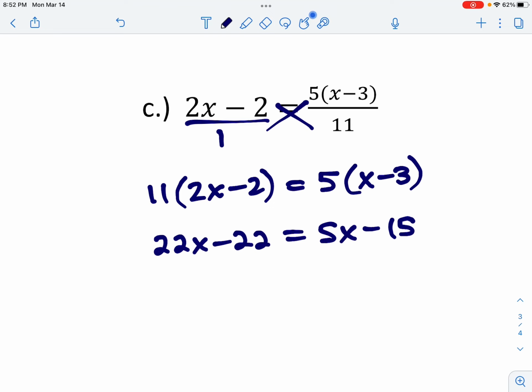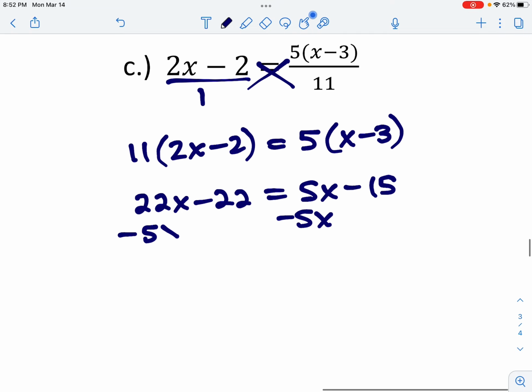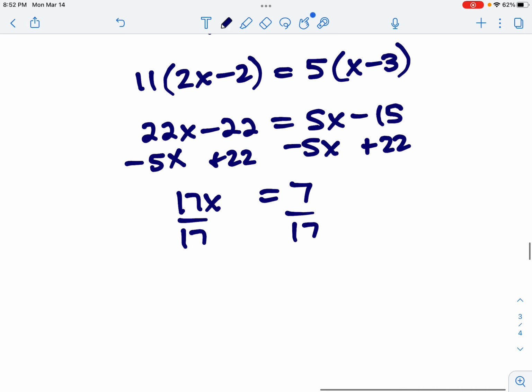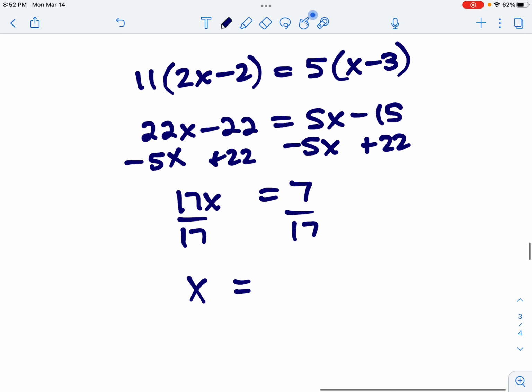You can subtract 5x from both sides. And you get 17x. And we can add 22 to both sides. So then we get equals 7, positive 7. Divide both sides by 17, and x equals 7 over 17. We cannot simplify that any further.